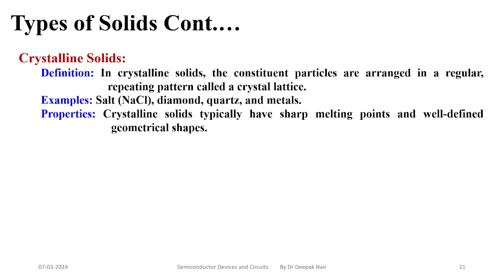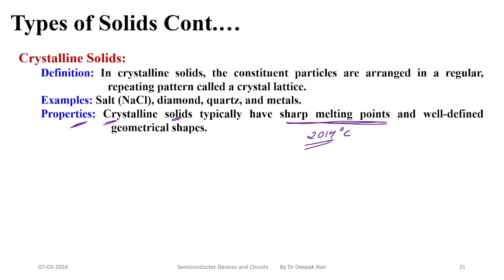Diamonds, quartz, and many metals fall under this category of crystals. Some of the properties associated to the crystal type of solids are that they have a very sharp melting point. Sharp melting point means they generally melt at a very particular temperature. For example, if a solid is melting at 2014 degrees Celsius, then it has a sharp melting temperature.